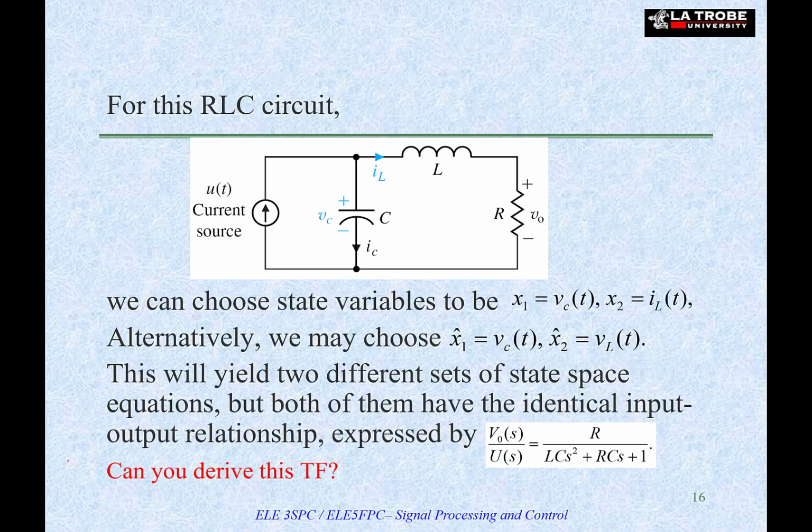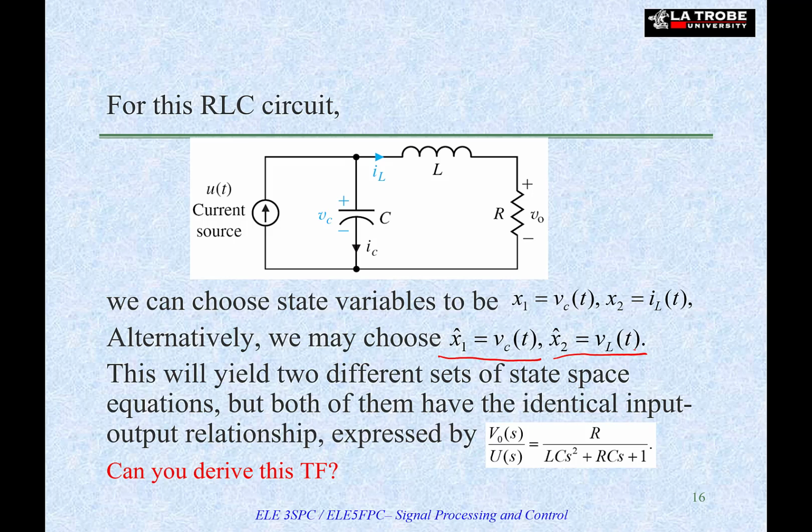For this same RLC circuit, if we define a different set of state variables, we will obtain a different state space representation. So this time, if we define the state variables to be x1 hat and x2 hat like this, obviously we will get a different state space representation.